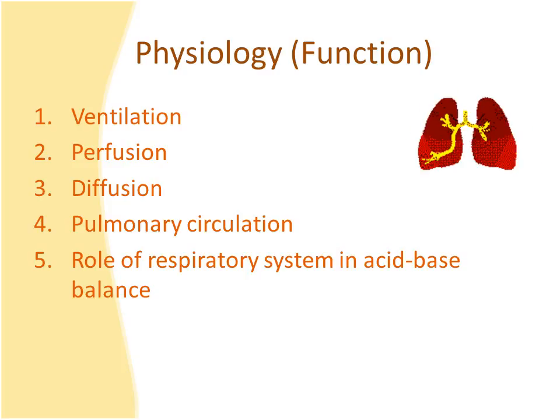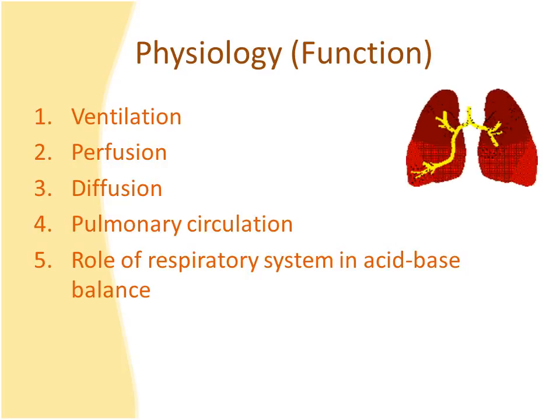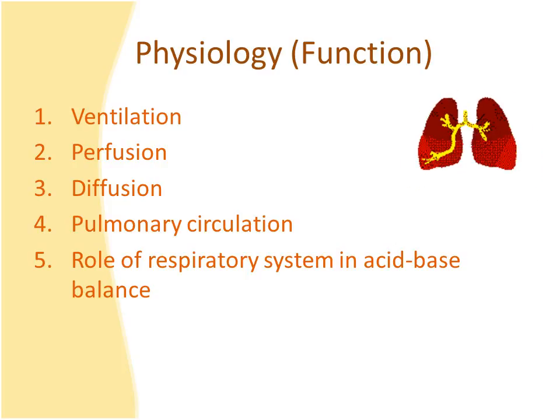Medications such as morphine or anything that depresses the respiratory center will all impair ventilation. Having fluid buildup impairs the movement of air. So anything that impairs ventilation has the potential to impair gas exchange as well.